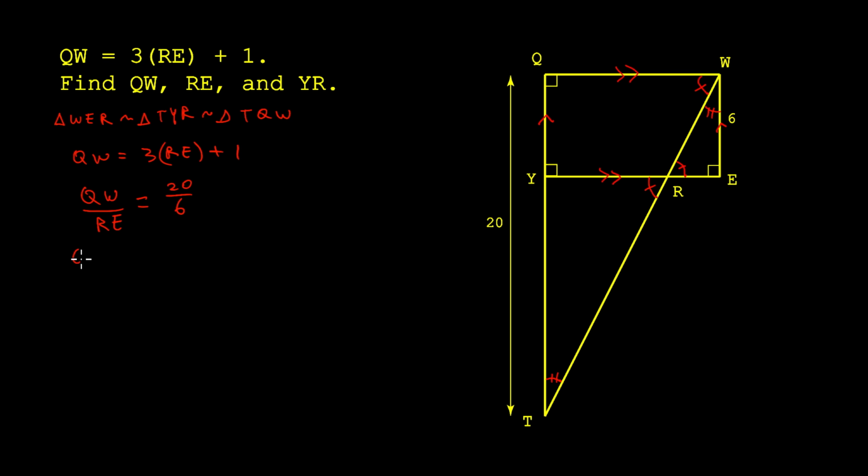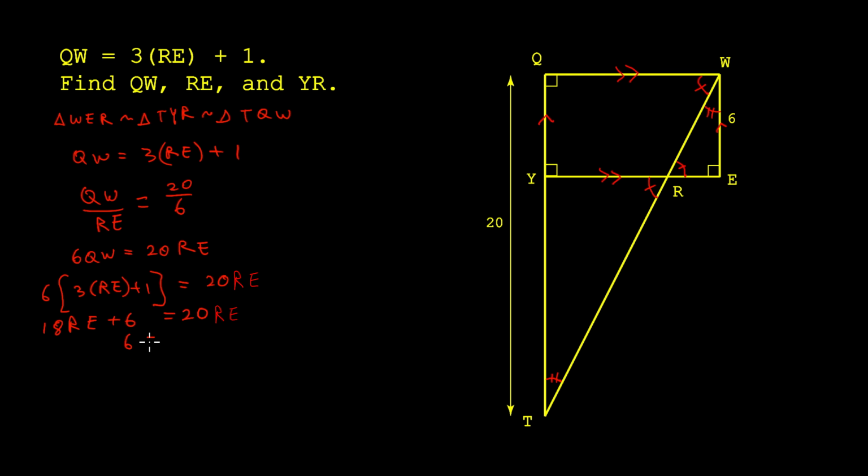So then 6QW equals 20 RE, and then QW is 3RE plus 1. So then we have 6 times (3 RE plus 1) equals 20 RE, then 18 RE plus 6 equals 20 RE.